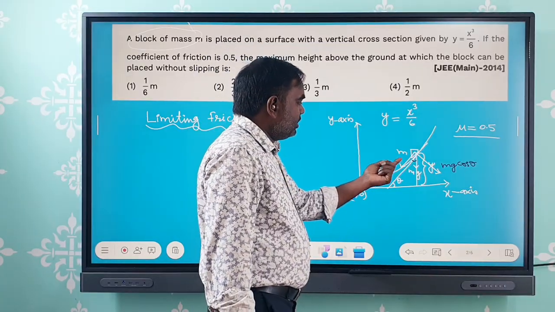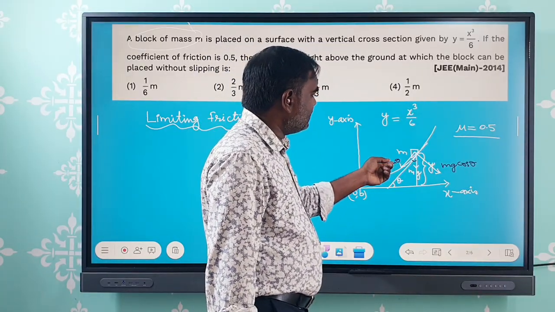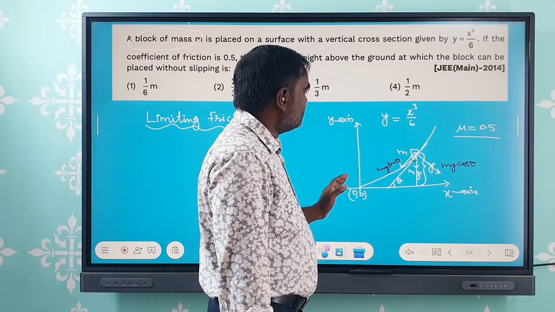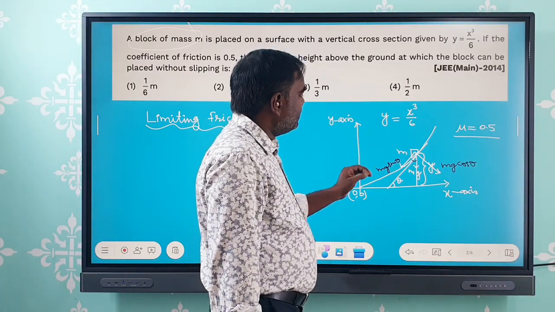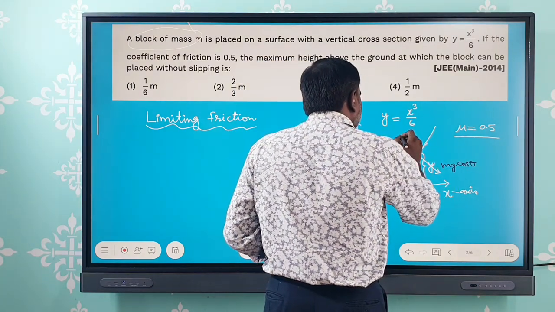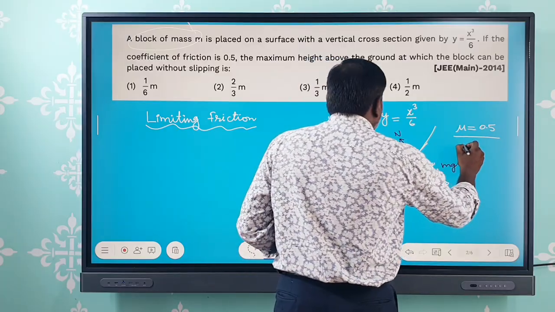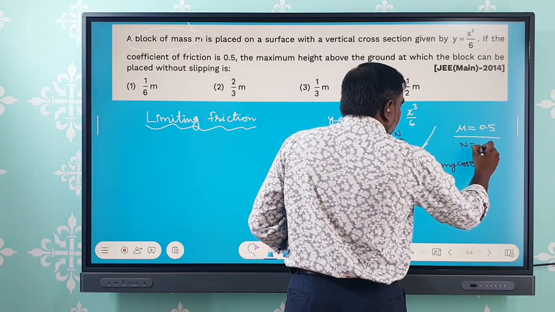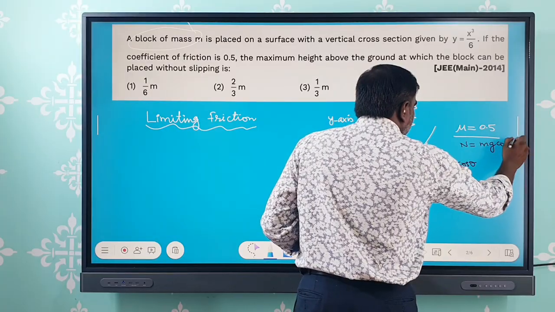So this is the force due to this mass acting along the surface in the downward direction, and there is a normal reaction, that is N, which is equal to mg cos theta, right?